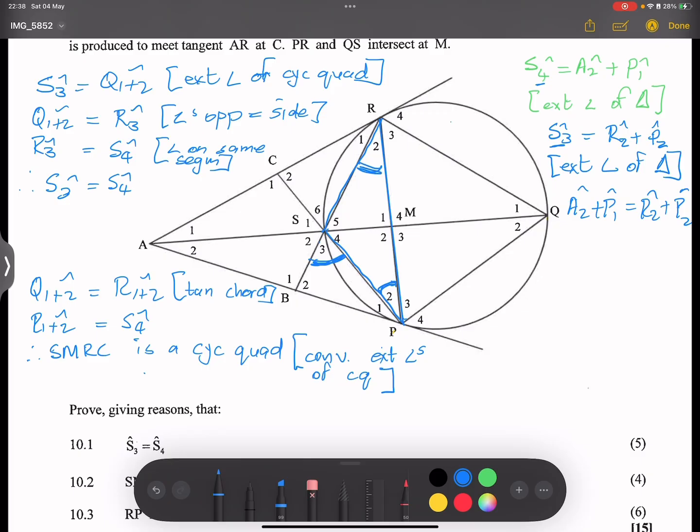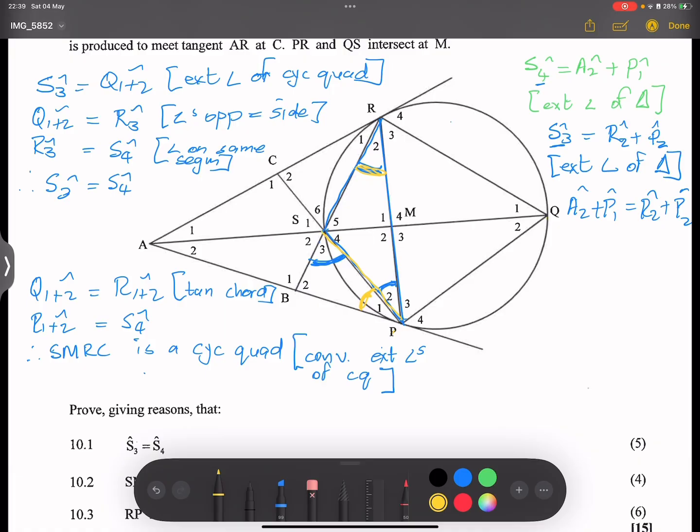Now, ladies and gents, I want you to also note, what do we have? P1 is equal to R2 because of the tan-chord theorem, right?